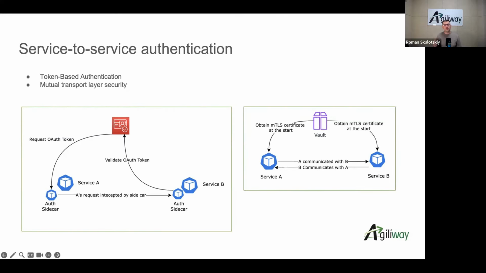Each microservice in the deployment has to carry a public and private key pair and use that key pair to authenticate to the recipient microservice via mTLS. mTLS is usually implemented with a self-hosted public key infrastructure. The main challenges of using mTLS are key provisioning, trust bootstrap, certificate revocation, and key rotation. Those are the challenges.